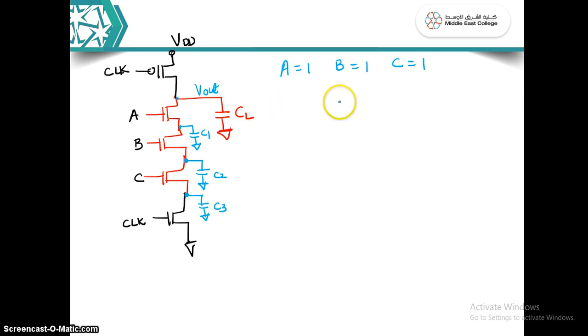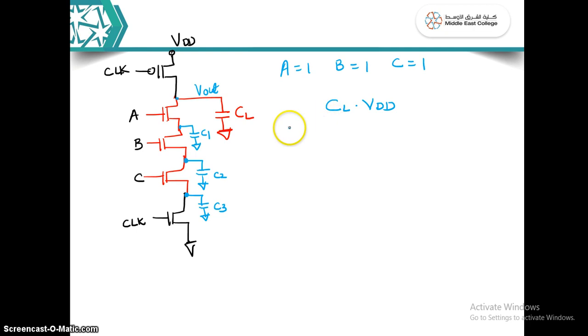So the charge at the output is CL multiplied by VDD. With all transistors on, these NMOS transistors are strong enough to pull this high output to 0.